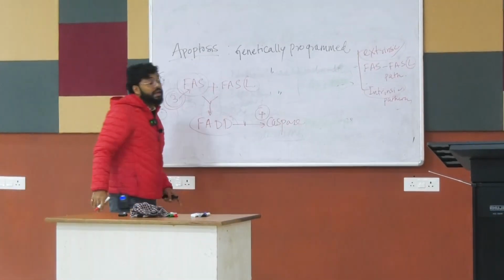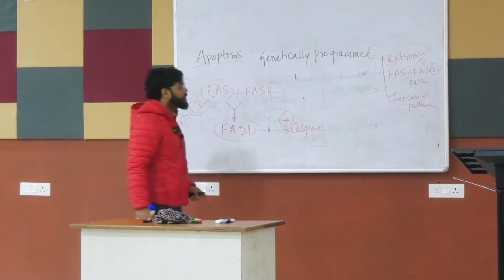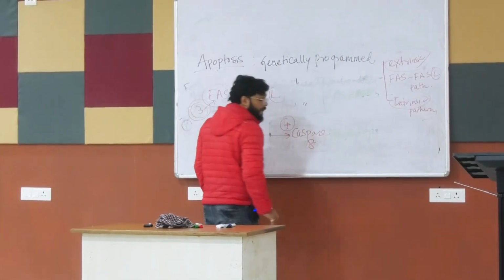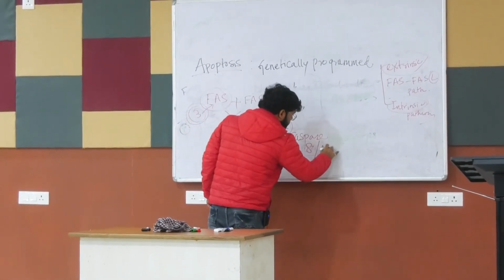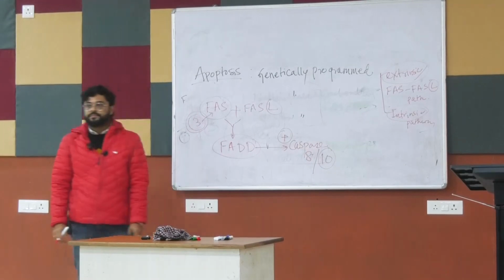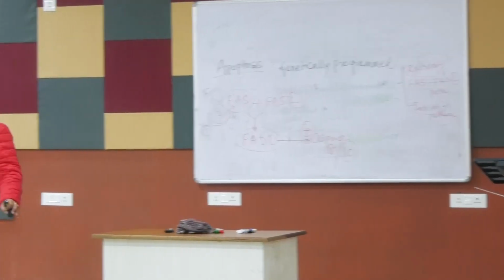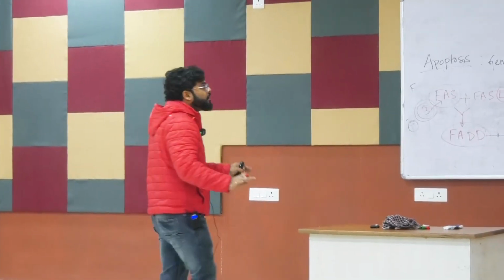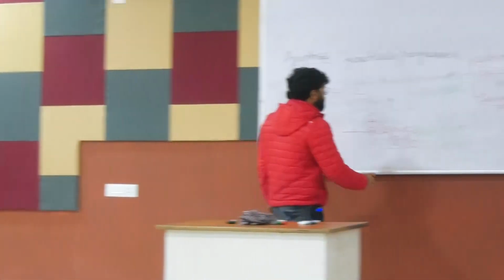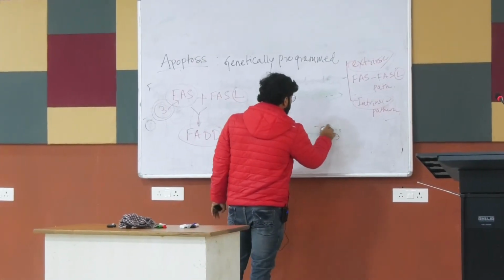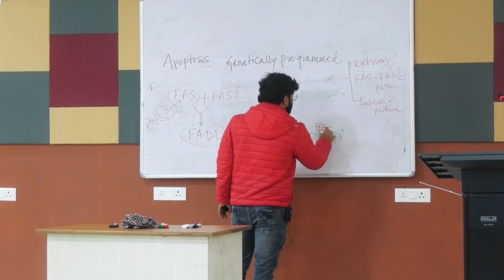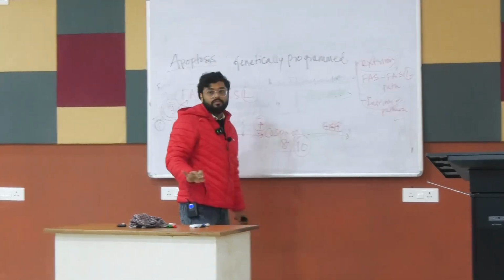In case of the extrinsic pathway, either caspase 8 or caspase 10 is activated. This is the initiation of the extrinsic pathway. In the downstream, they actually activate multiple caspases.